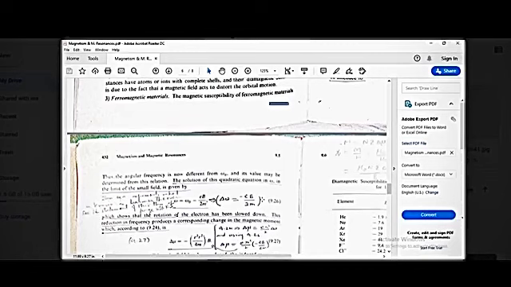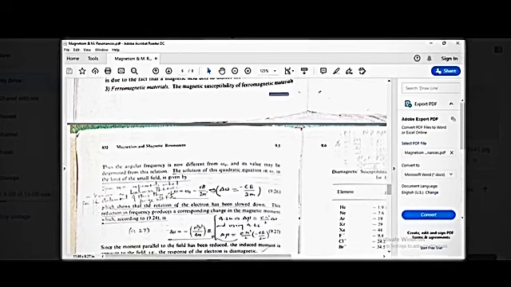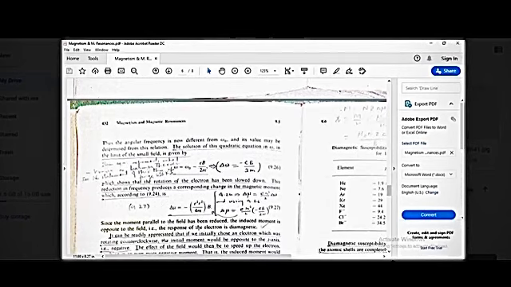This reduction in frequency produces a corresponding change in the magnetic moment, which according to equation 9.24 is delta mu equal to minus E square R square over 4M into the magnetic field B. On the right side I have illustrated the derivation of this equation, equation 9.27.